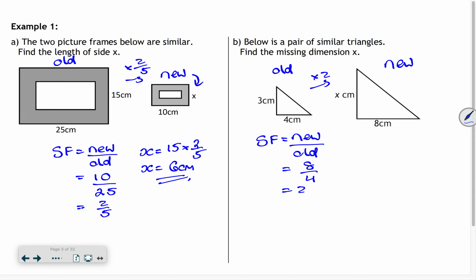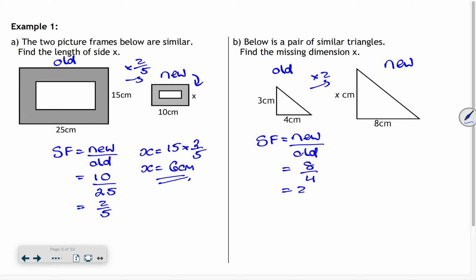Now, when we talk about enlargements and reductions, we never ever talk about dividing the scale factor. I probably should have said that it's a times 2/5 reduction, not enlargement, because it was going to a smaller shape. But when we talk about enlarging or reducing shapes, we never ever divide by the scale factor. We always multiply by a scale factor.